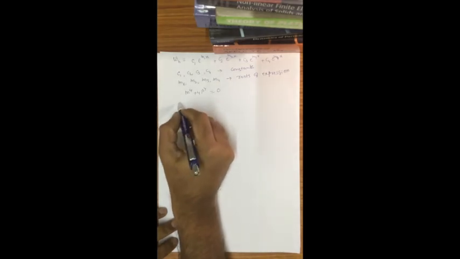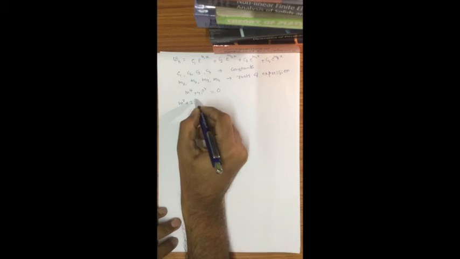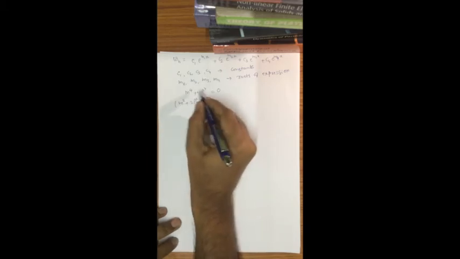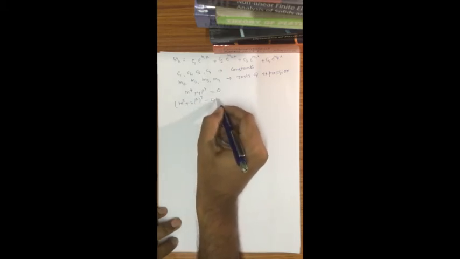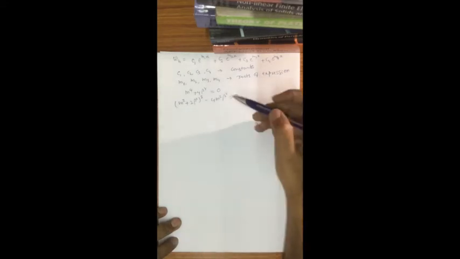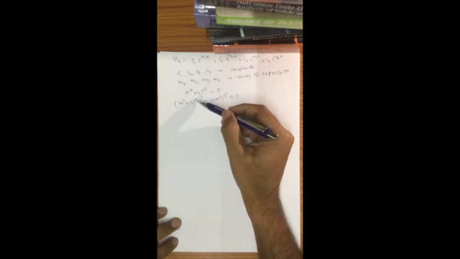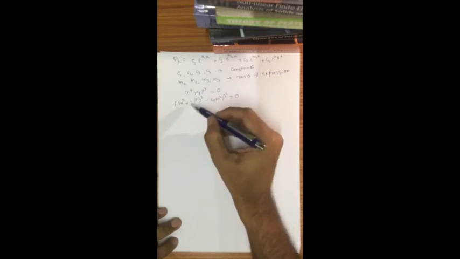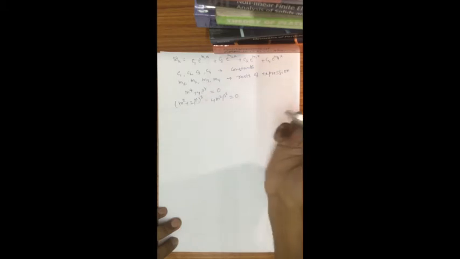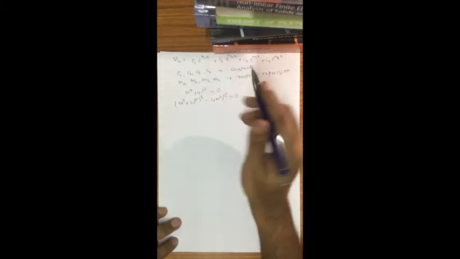Now we need to solve this. How do I write this equation? I can change it to (m^2 + 2β^2)^2 - 4m^2β^2 = 0. If I expand this, I get m^4 + 4β^4 + 4m^2β^2, so I subtract 4m^2β^2 to correct the equation.